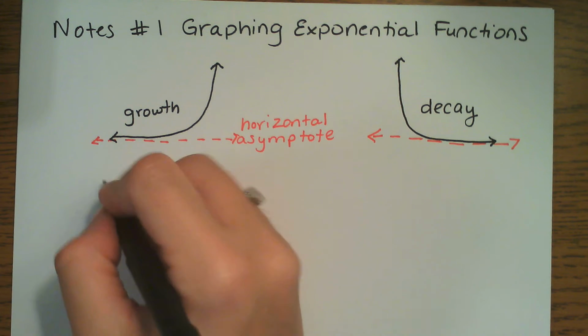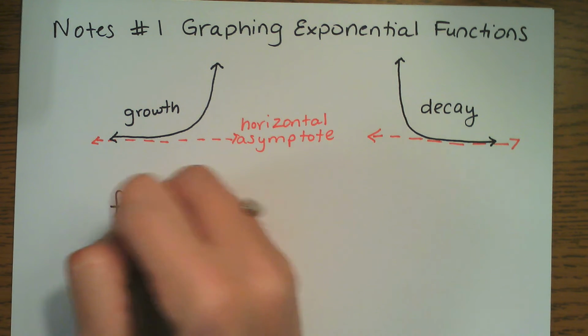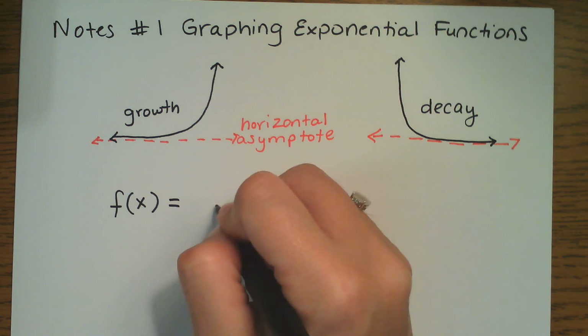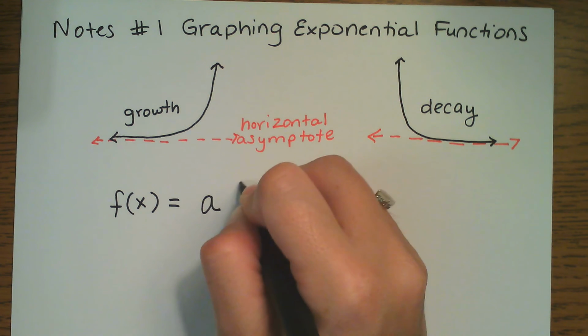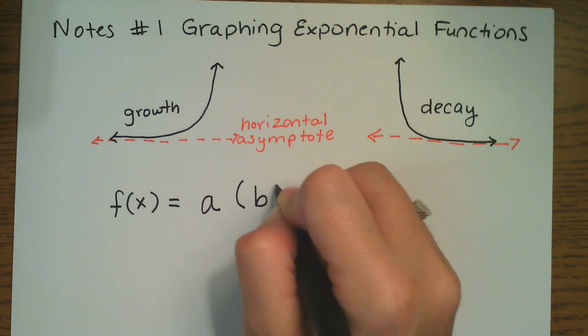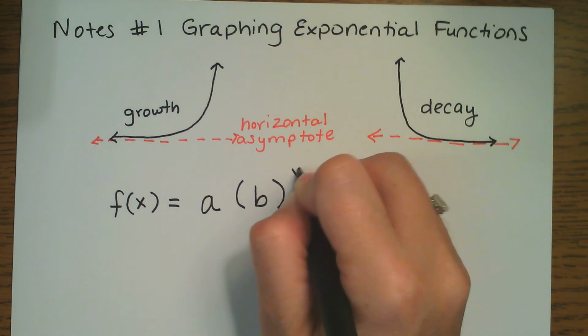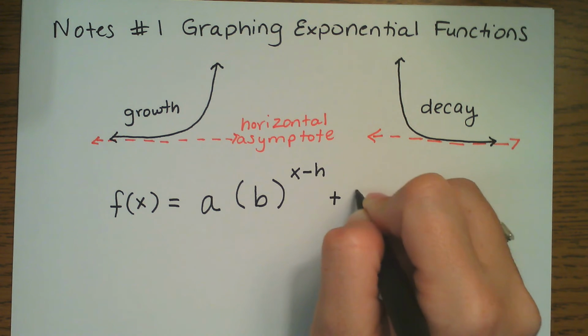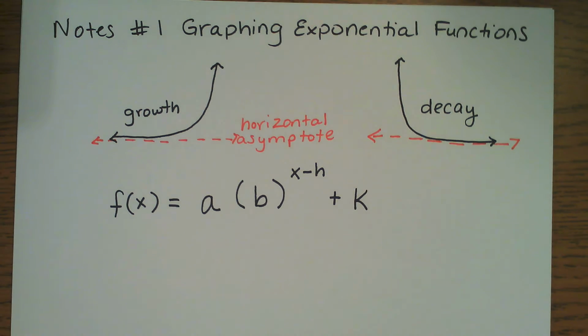So the exponential function's format is f of x equals a times b to the x minus h plus k.